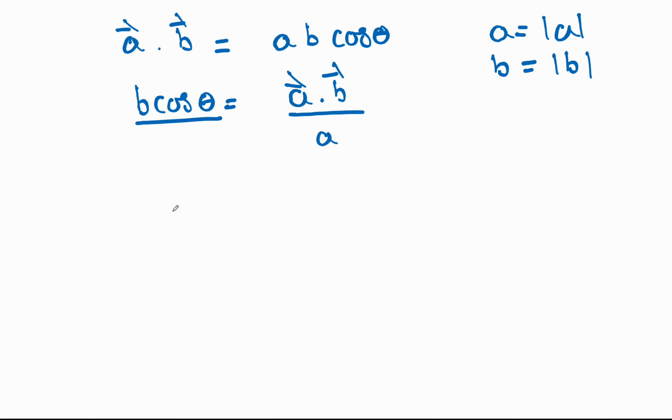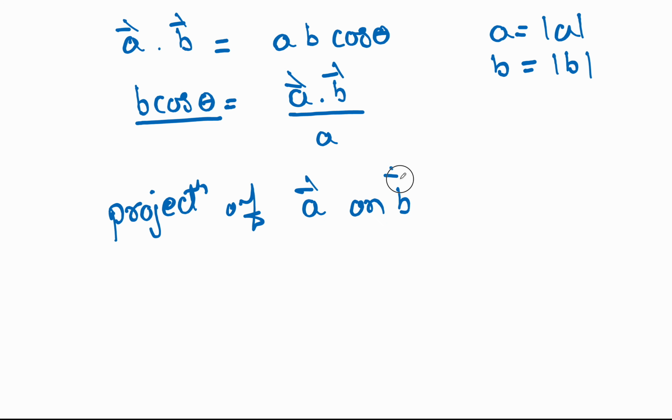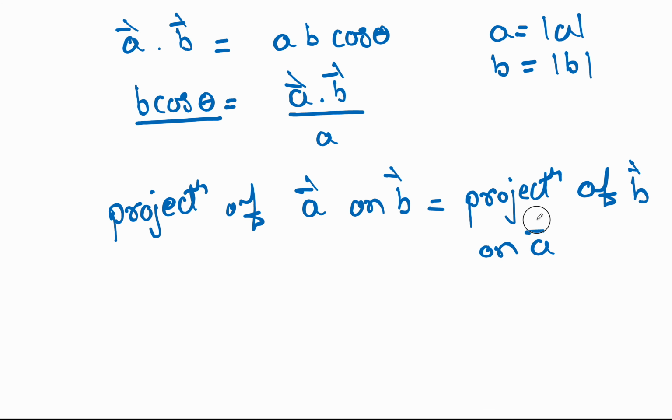So I'll write: projection of A on B is equal to projection of B on A. The projection of A on B will be A cos theta because theta is common, and the projection of B on A is nothing but B cos theta.